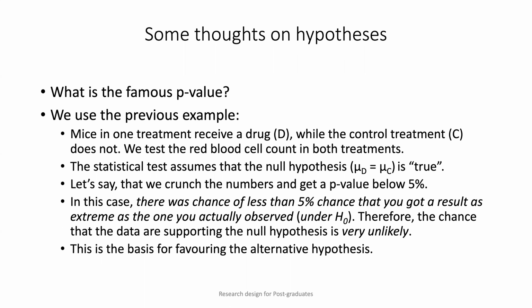So a p-value below 5% identifies that whatever you're testing shows a significant effect of the independent variable on the dependent variable. There's the core part of your statistical tests, and that is then directly linked to the hypothesis idea.